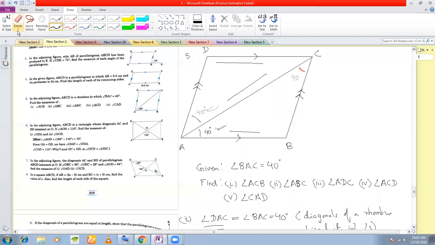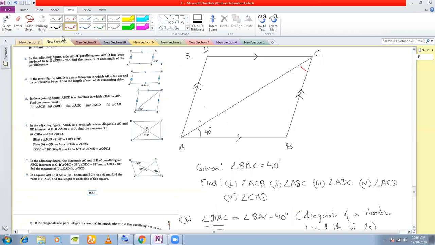So this red angle that I have marked here, let me just do it once again. So this angle was given to be 40 degrees. You needed to find angle ACB. Okay, and how would I find this angle?